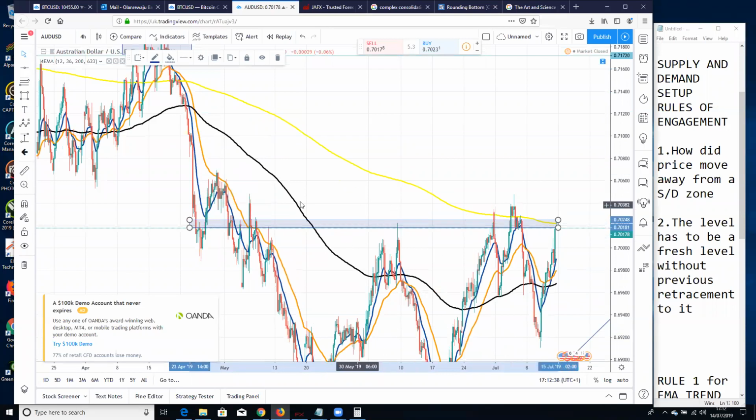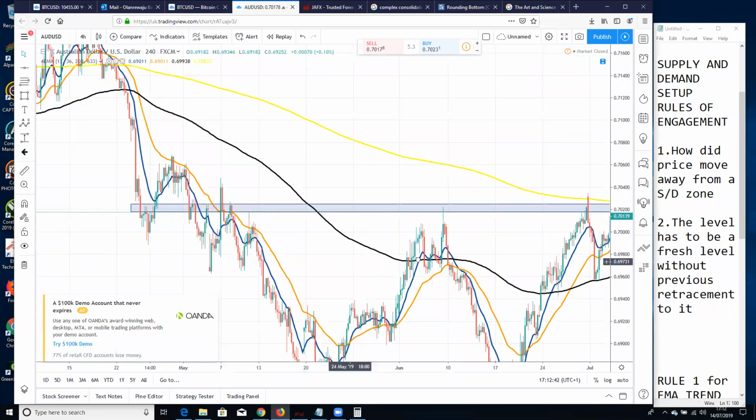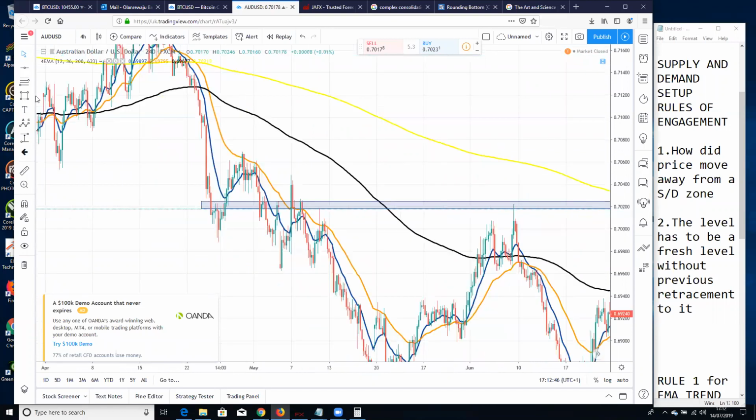All right, so I'll continue to look to the left, and I can see a level over here, this particular place here. Before we see this sell-off, price comes back to retest it again, and that's another thing that would make me look for another area to consider going forward.